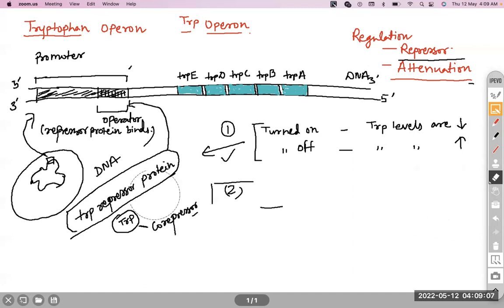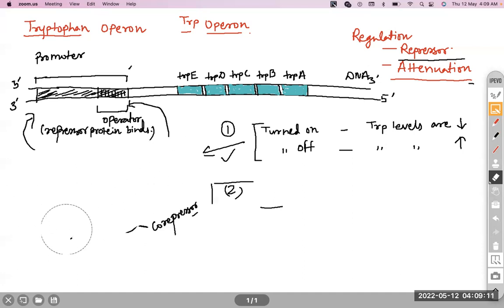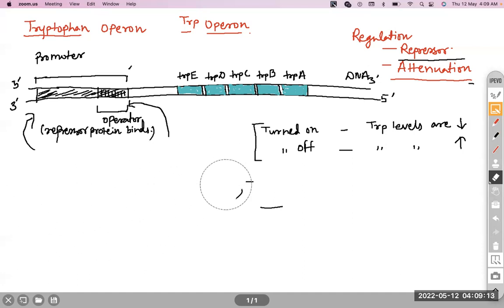How this operon is getting switched on and switched off.